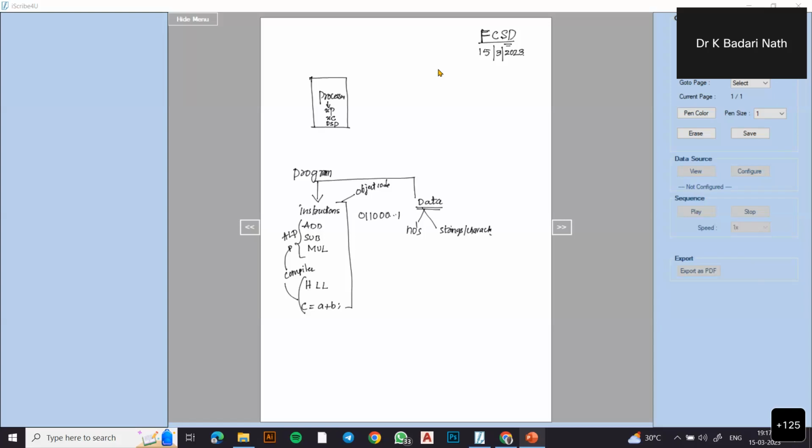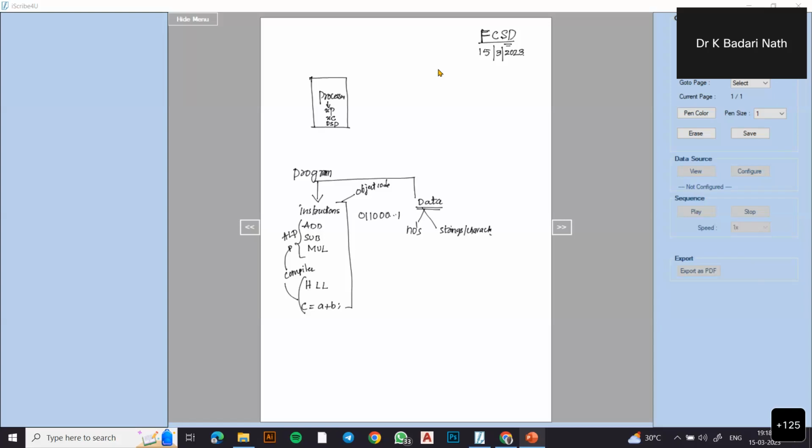I should be able to decide where in the memory this data should sit and where my program should sit. That means I should specifically know the hardware infrastructure, that is the processor, memory, everything. Then only can I start writing a program. When you write in a high level language, you're not worried about all these things. So this is one difference between a high level language and an assembly language.